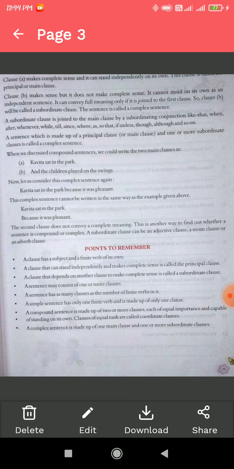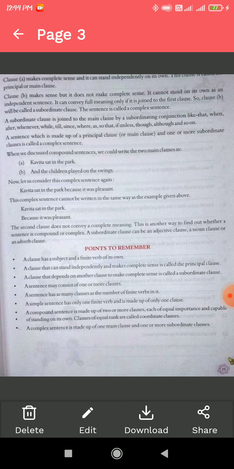So in a compound sentence, if there are two or more main clauses in the sentence, it is called a compound sentence, and the clauses of a compound sentence are called coordinate clauses.